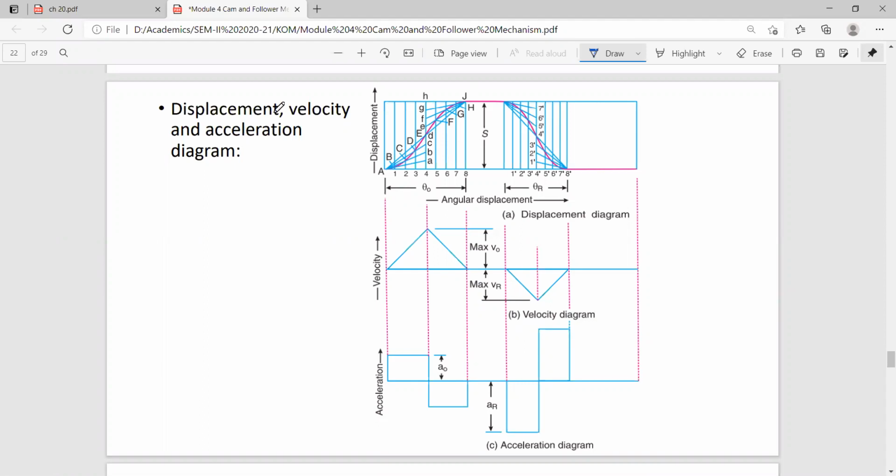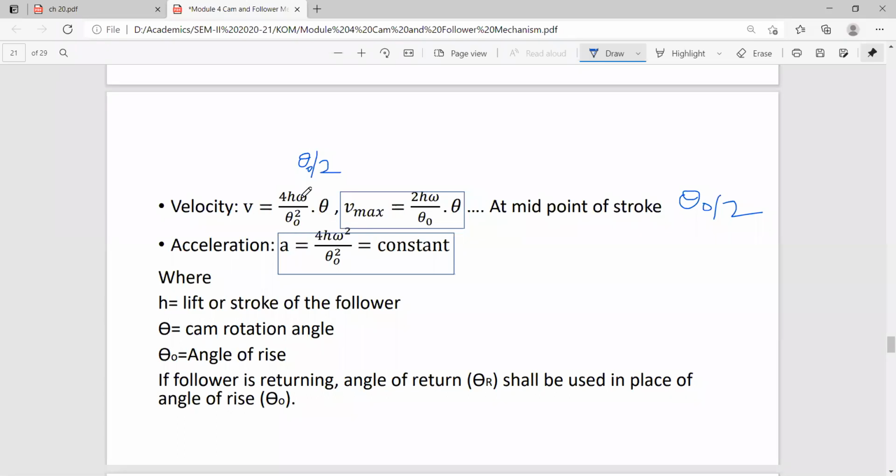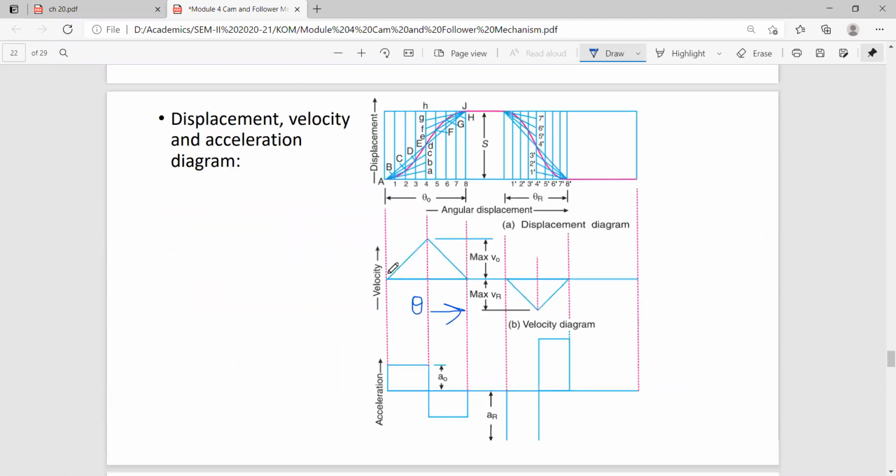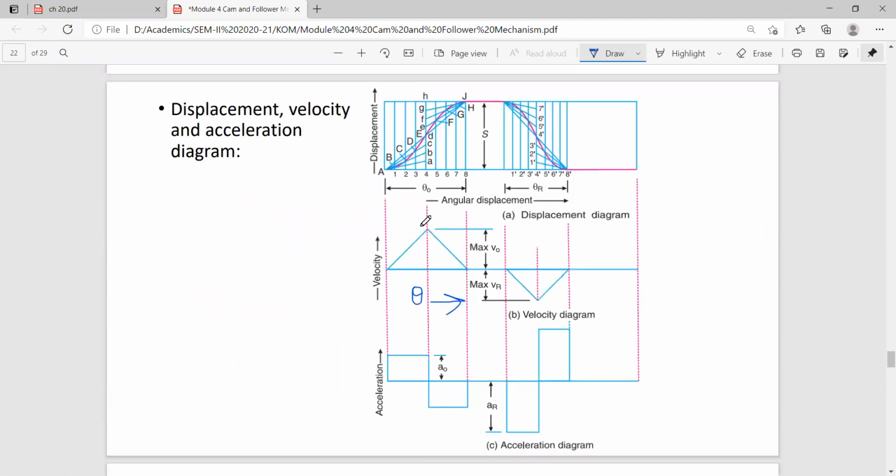So displacement, velocity and acceleration diagram. We know that velocity is directly proportional to angle theta. This is the theta angle. So it is linearly increasing, as you can see in the formula here. It is going up to maximum value when theta is equal to theta 0 by 2.